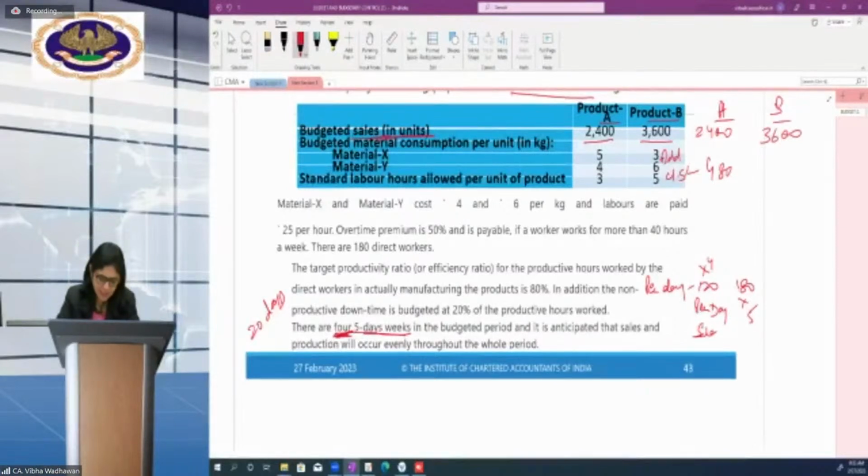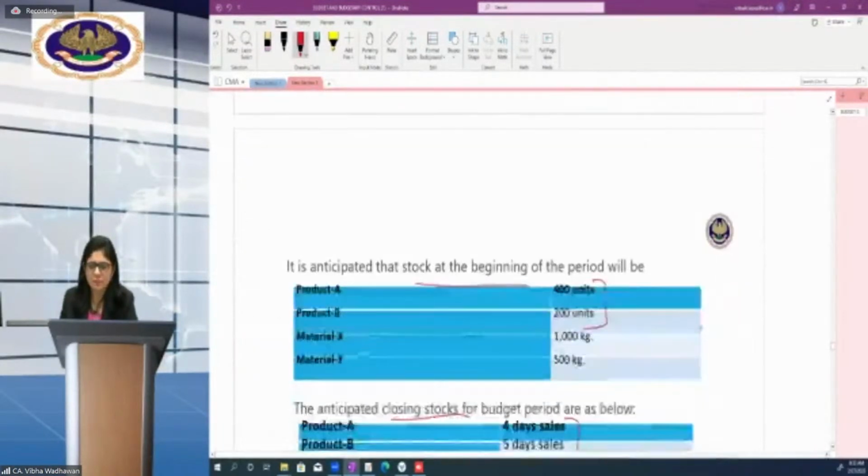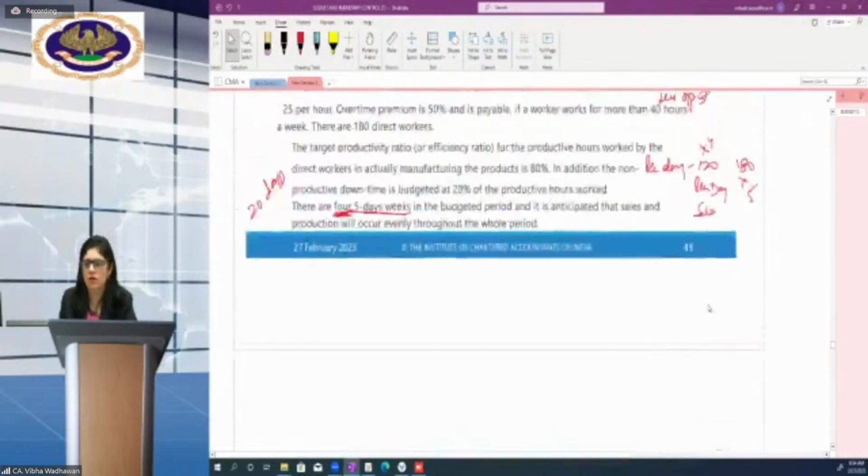And 180 into 5 for product B, the 5-day sale is the closing stock, so it comes out to 900. Now less opening stock. Opening stock is already given in the question: 400 and 200 units.